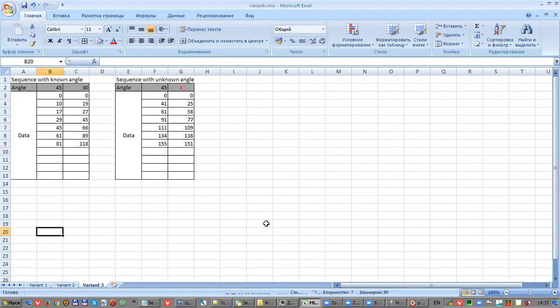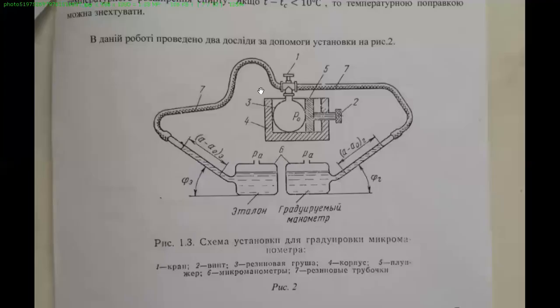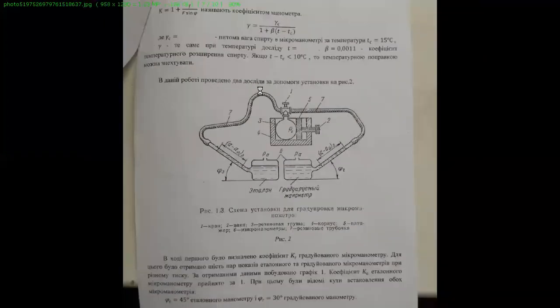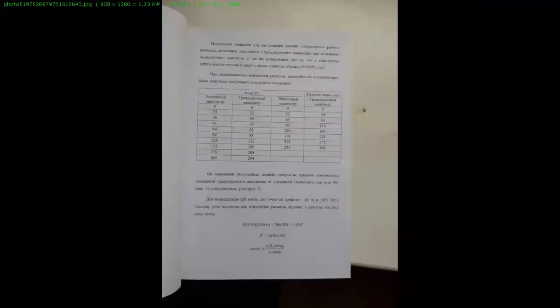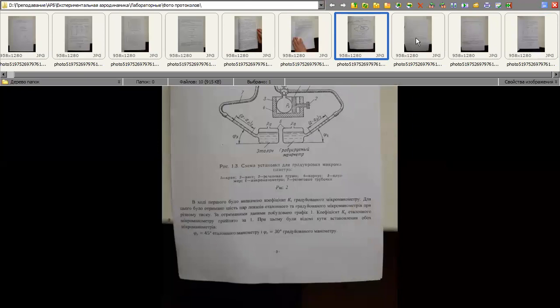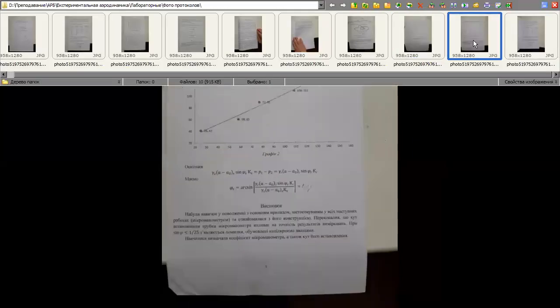So, back to the protocol of the laboratory work, I show you an example. I have a Russian protocol like this. This is a photo. Yeah. Just tables, formulas, and so on. Pictures. And you need to make two graphs in Excel and put them in the protocol.